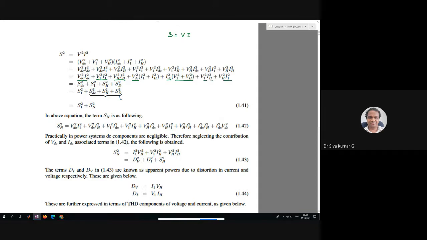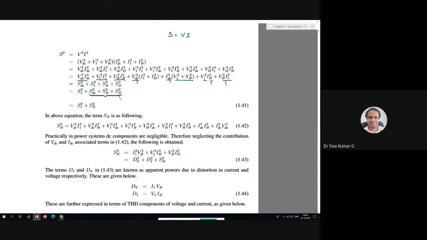This is SDC square, S1 square, this is SH square, and this SN represents the interaction of distortion with respect to DC voltage and DC current, and with respect to the harmonics in the current and harmonics in the voltage. This is totally with respect to the harmonics only: harmonic voltages interacting with the harmonic currents.